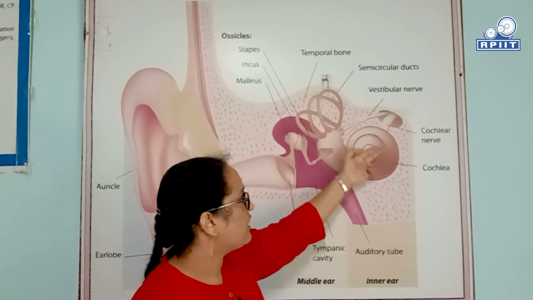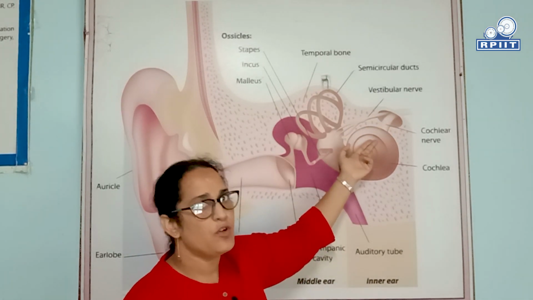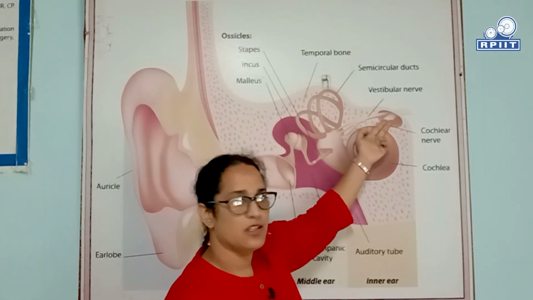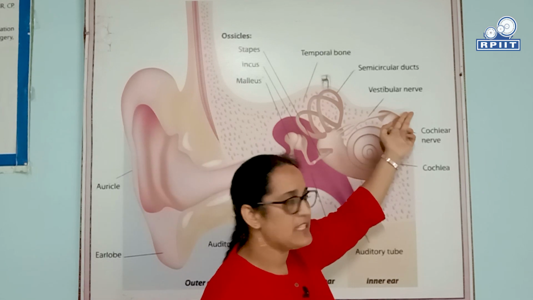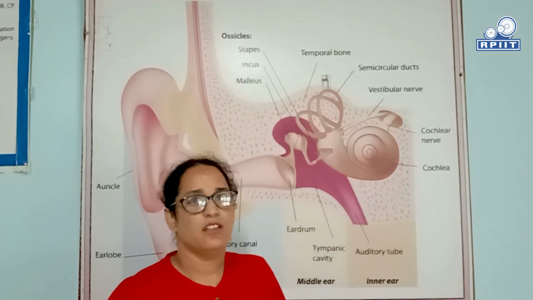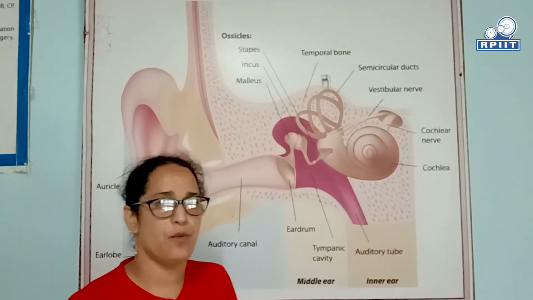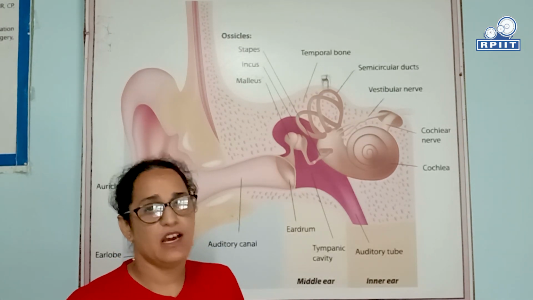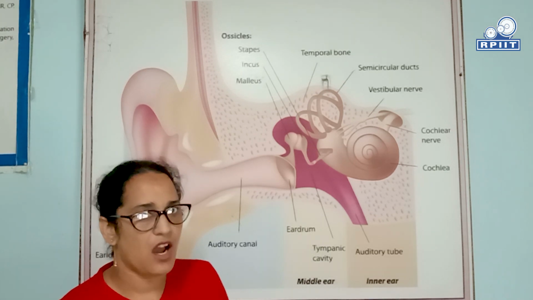Here in the cochlea, the cochlear part of the vestibulocochlear nerve runs. This is the 8th cranial nerve. It runs towards the temporal lobe through the temporal bone foramina, and it reaches the cerebrum where hearing perception occurs.